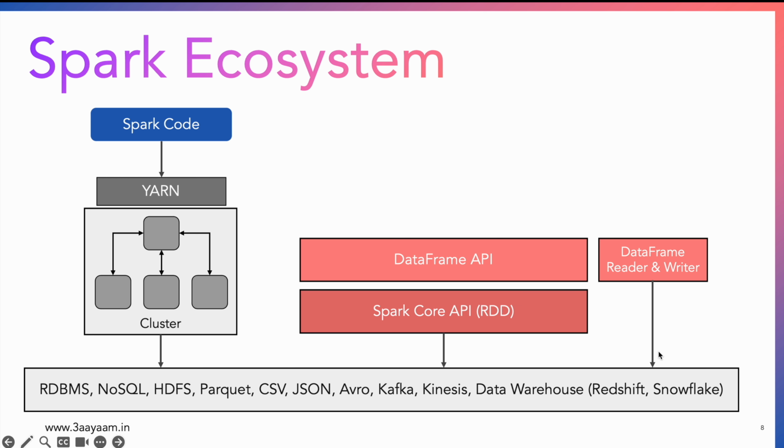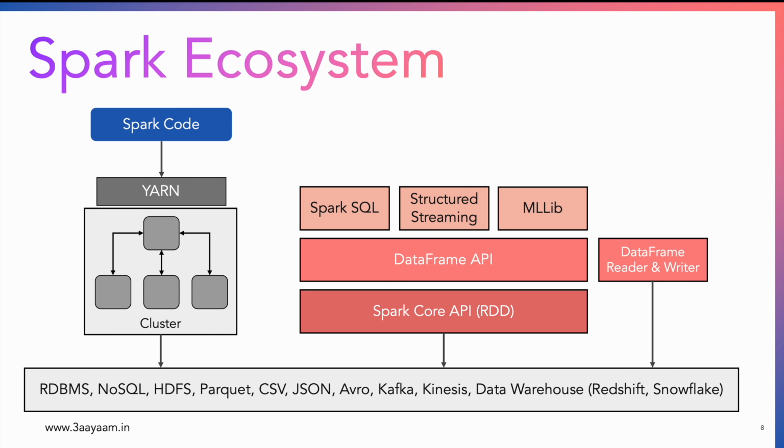The read and write are not direct. The data frame reader and writer gets converted to Spark Core API, and that does the reading and writing. So Spark Core API is the heart of the Spark system. When Spark started, we used to write code using RDDs, but now we do not do that anymore. We write Spark code using data frames.